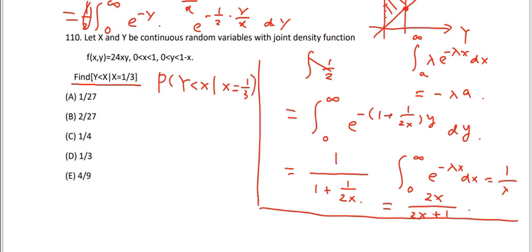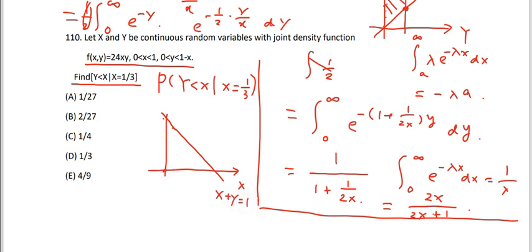Let's say x and y: x is from 0 to 1, but y is from 0 to 1 minus x, or we let y equal 1 minus x. We know this is just the line x plus y equals 1.